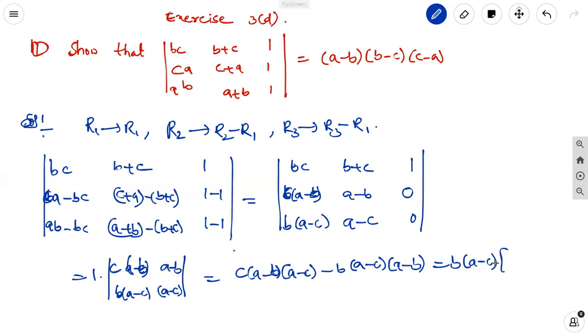So A minus C, A minus B is common from the two terms.